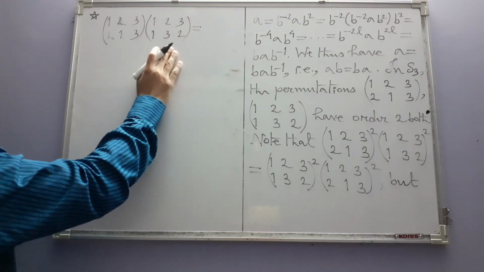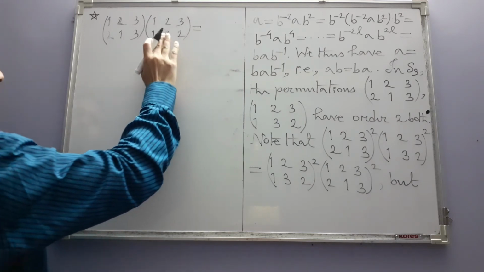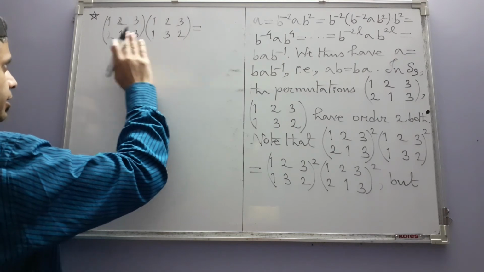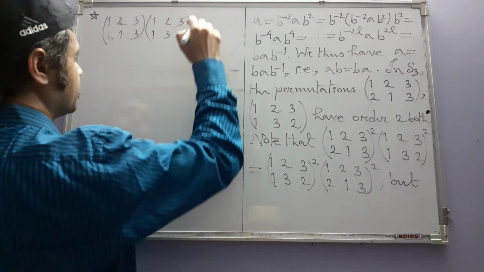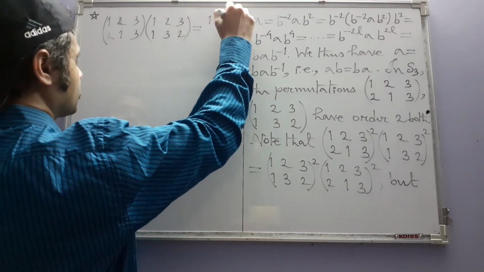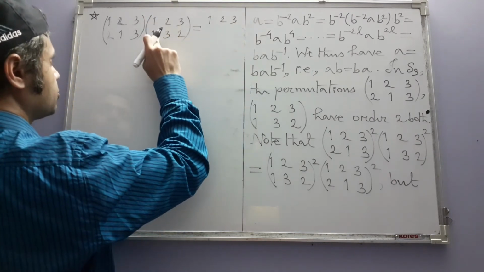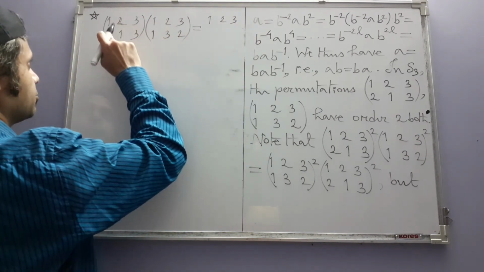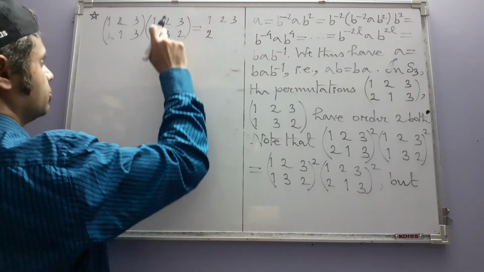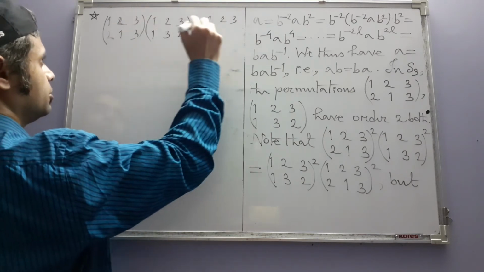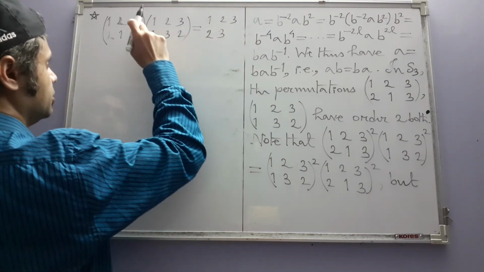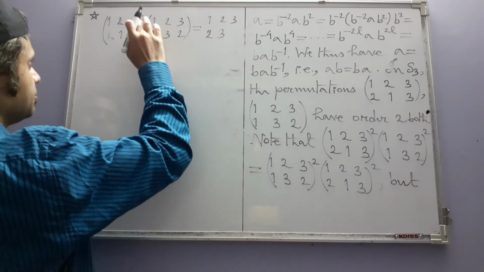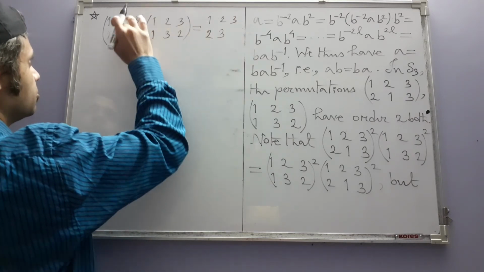Recalling how we calculate this type of product, we have to start from here and then go to this one. 1 goes to 1 and that one goes to 2. So 1 goes to 2. 2 to 3, 3 to 3. So 2 to 3, and this one of course will be 1. 3 to 2, 2 to 1.